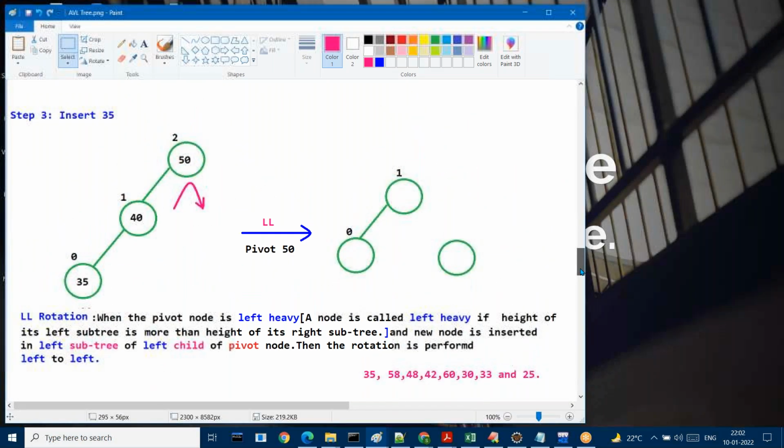So now who will be the root? 40 will be the root. Who will be the right of 40? Acha, you are confused about the pivot node. I will come back; let me first complete this tree.